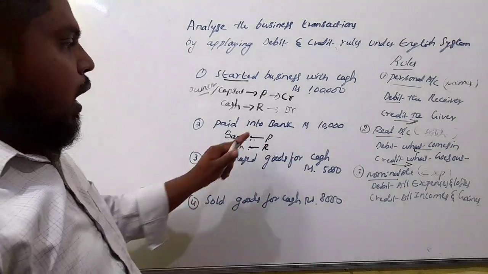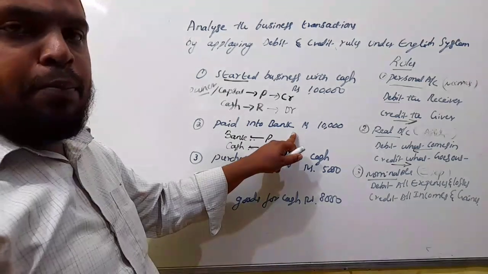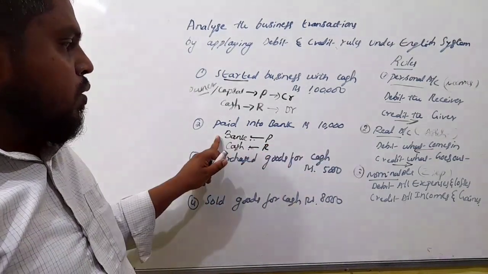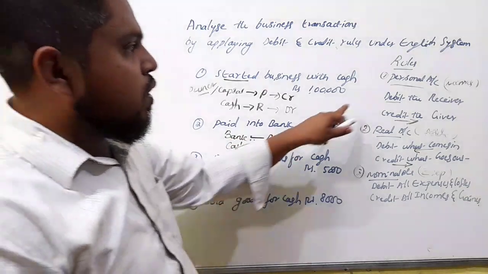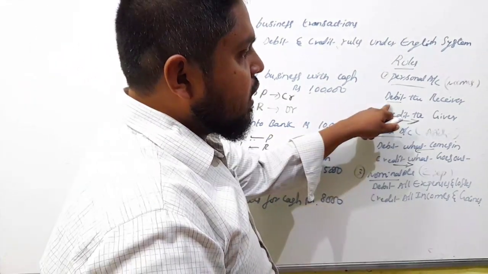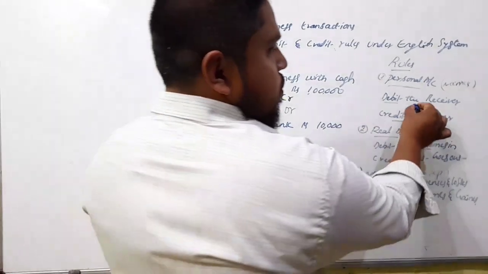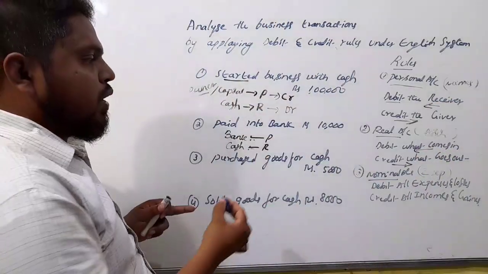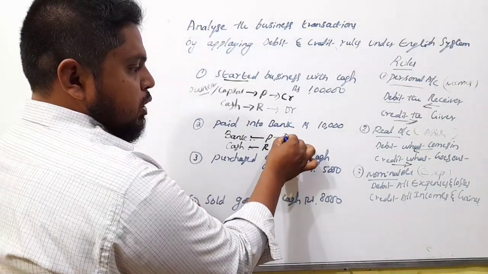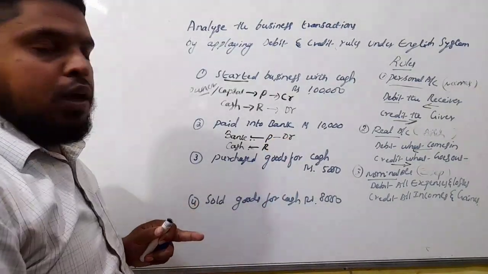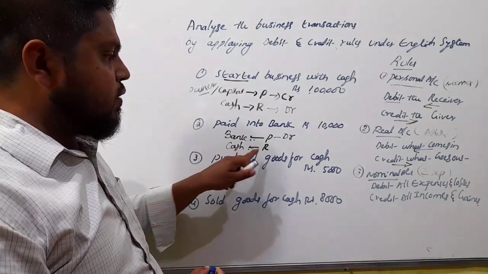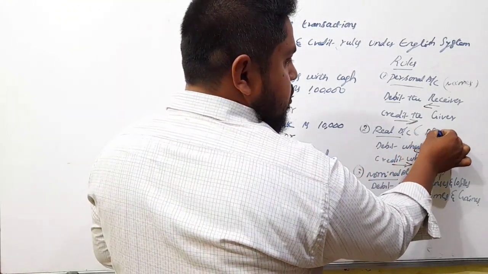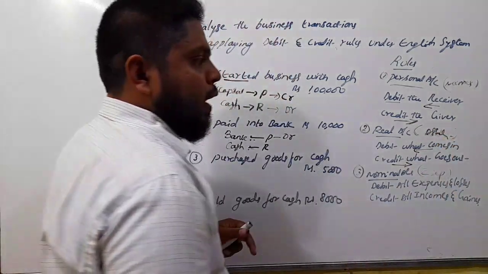Now, the amount deposited into bank is rupees 10,000. Bank is a personal account, so debit the receiver. Bank is receiving the amount here, so bank is debited. Next, cash comes under the real account. All the assets come under the real account.